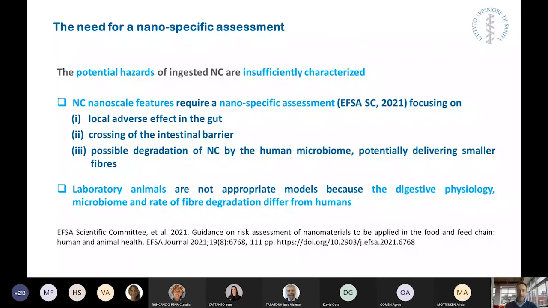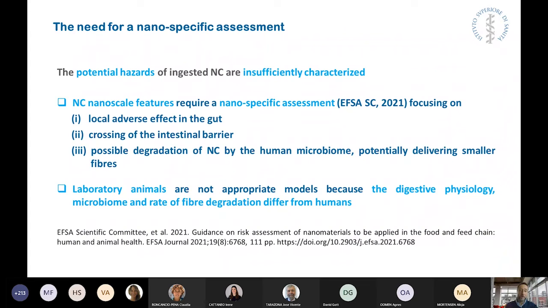Especially, we felt it was necessary to focus on potential local adverse effects in the gut, on a potential crossing of the intestinal barrier, but also to tackle the issue of possible degradation of nanocellulose by the human microbiome, because this might deliver potentially smaller fibers in the colon.